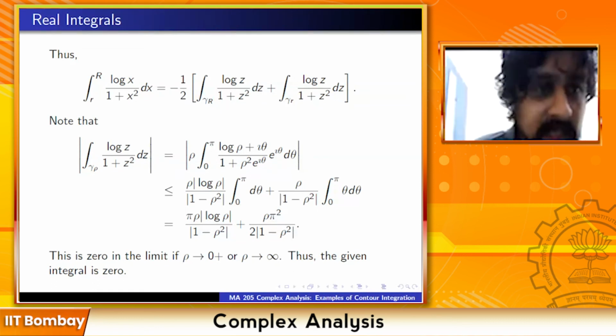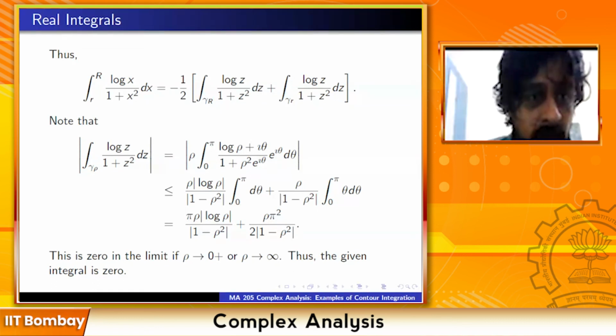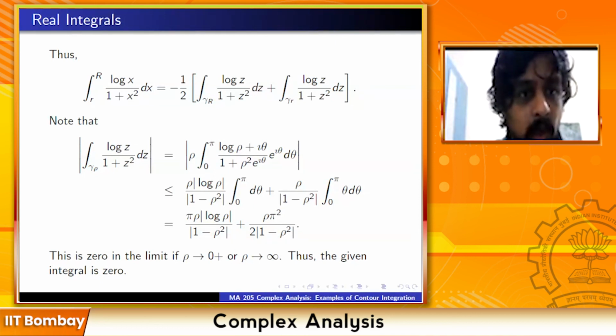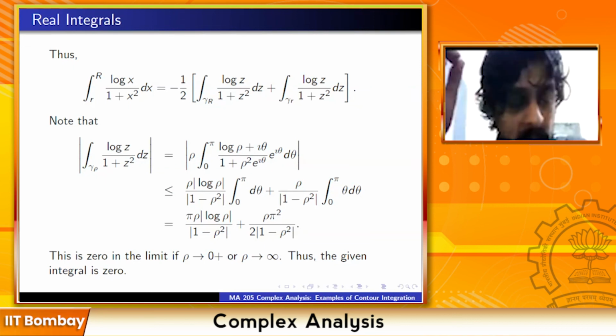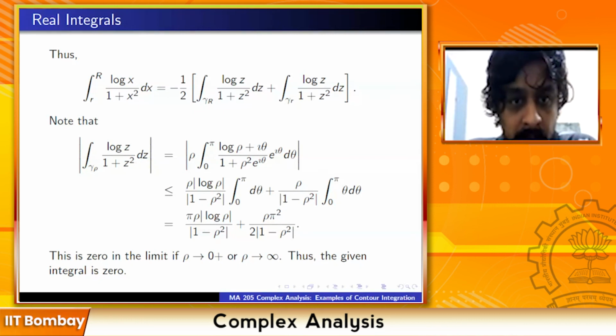Okay, let me just hurriedly say this once again. I wanted the modulus of the integral of log z upon 1 plus z square. So I substitute z equal to rho e raised to i theta. Then that's the expression I get. Then break up the integral into a sum of two integrals.